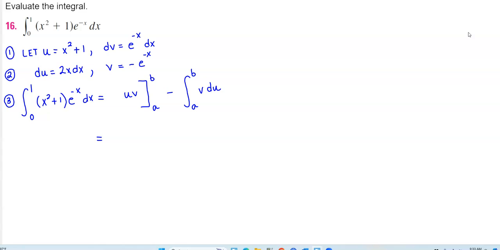So we have u times v. So we know that we have x squared plus 1 times negative e to the negative x going from 0 to 1 minus the integral going from 0 to 1 of v, which is negative e to the negative x times du, which is 2x dx.